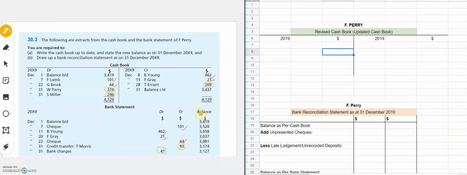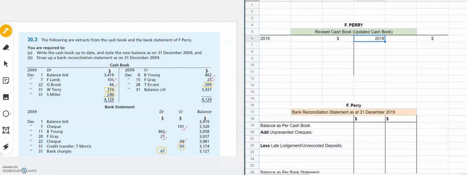If you realize, we're not looking at the balancing column, and when we were doing the ticking off, we ignored our balance carried down and our balance brought down. Now we're going to use this information to prepare our revised cash book, or our updated cash book as it can also be called.